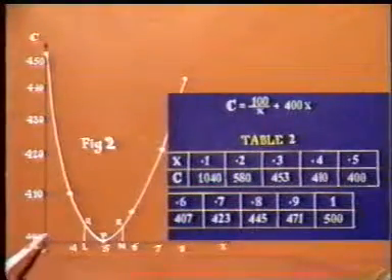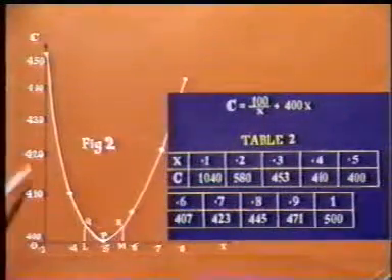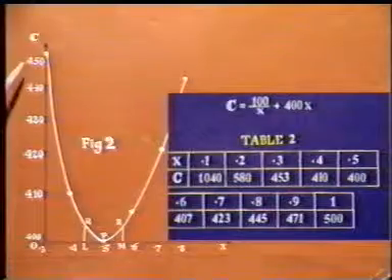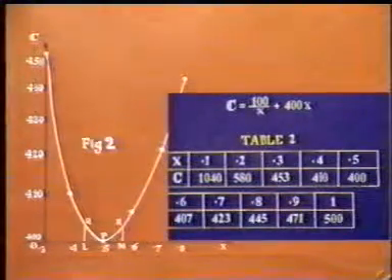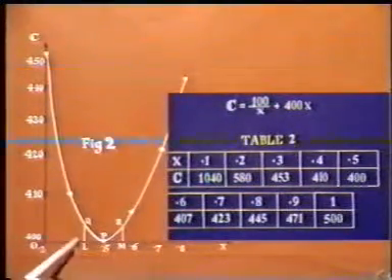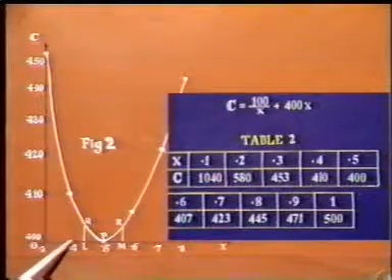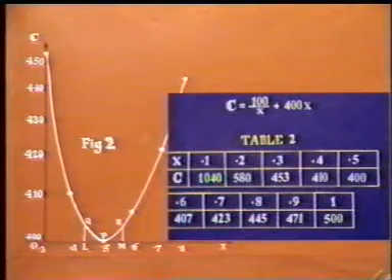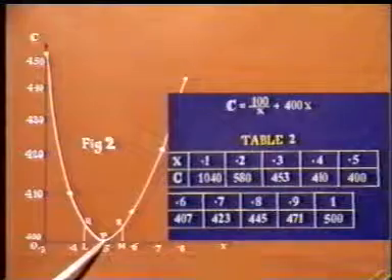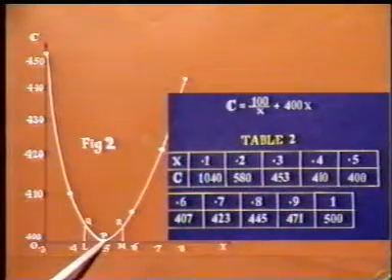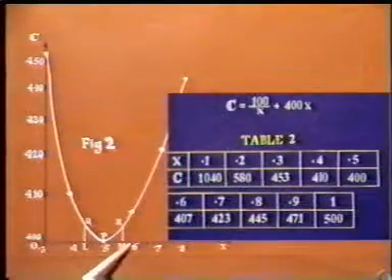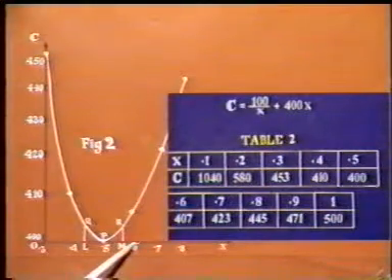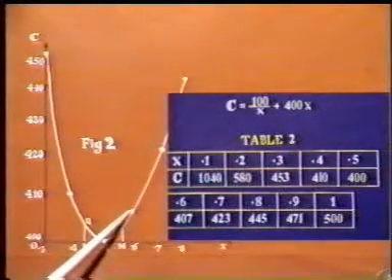At x equal to 0.3, cost is 453. At x equal to 0.4, the cost is 410. At x equal to 0.5, the cost is 400. At x equal to 0.6, the cost is 407.